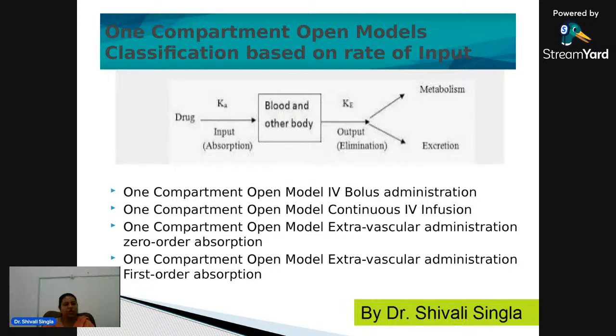In a zero order process, the rate of absorption does not depend on the concentration of the drug, but in the case of first order absorption, the rate of absorption will always depend on the concentration of the drug. Zero order case can happen when there is a receptor or an active site present for the transport of drug or absorption of the drug. In that case, one compartment open model extravascular administration zero order absorption model can be used to calculate our parameters.